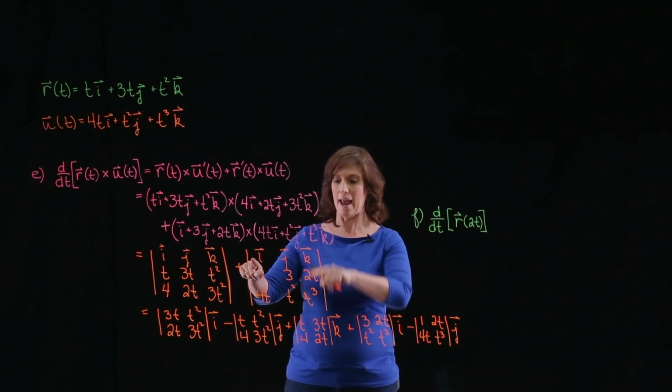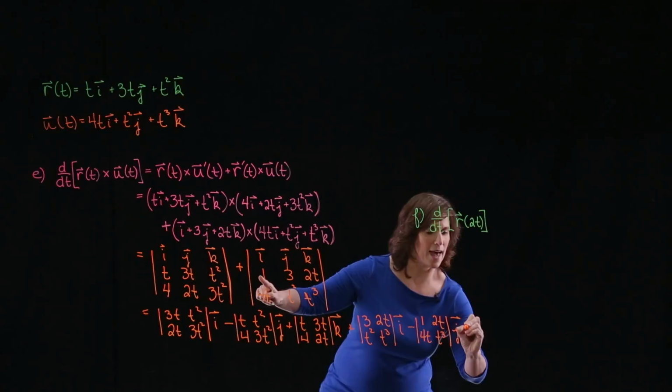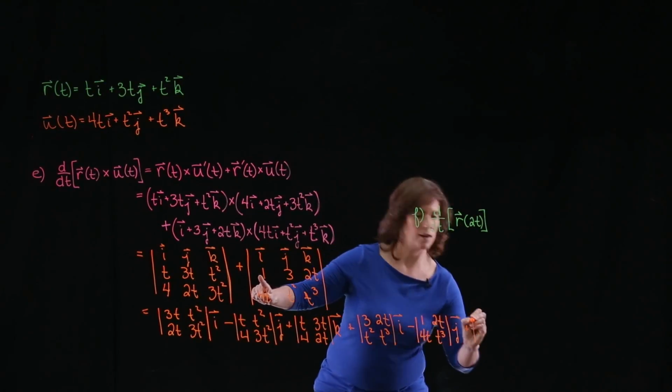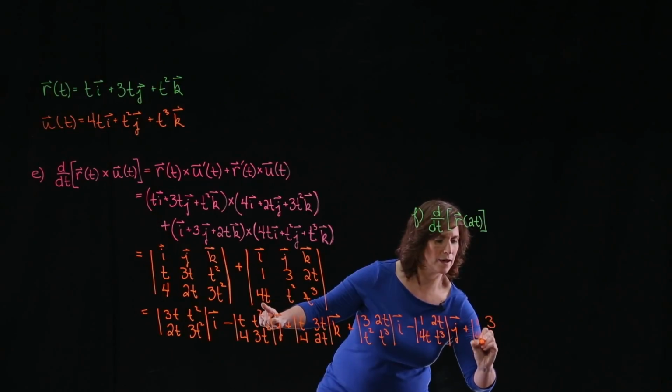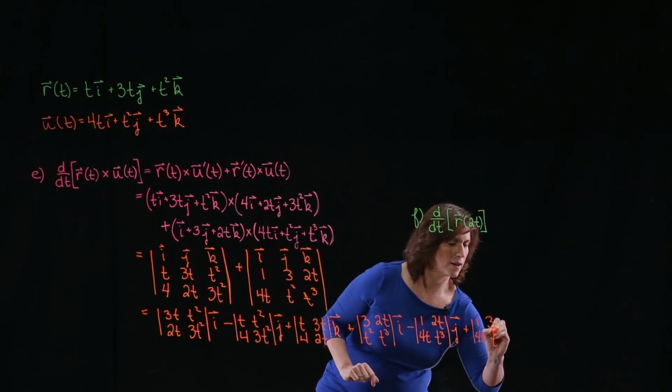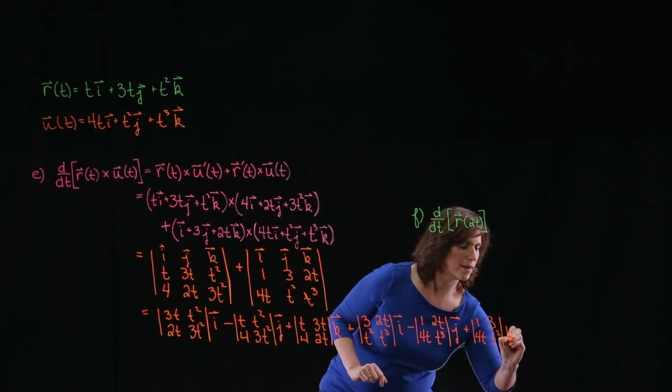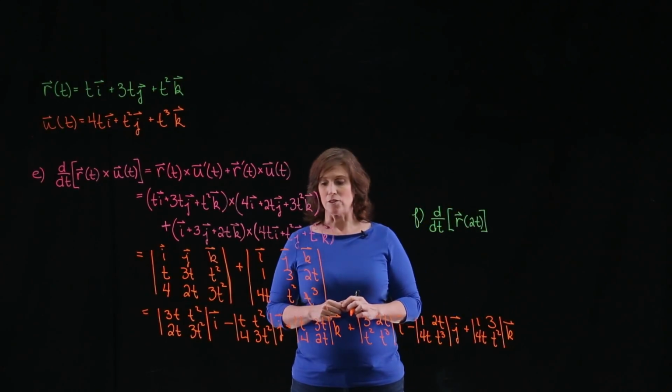Eliminating the row with k and the column with k, I'm going to add in the determinant 1, 3, and 4t, and t squared, multiplied by my vector k.